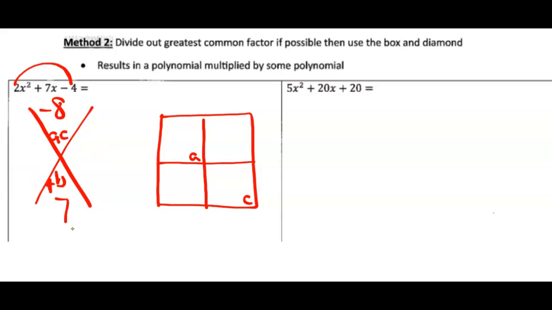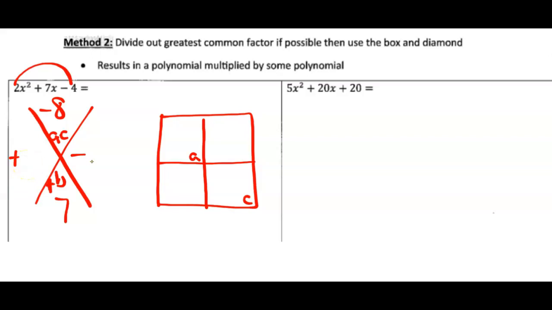So if I multiply to a negative and I add to a positive, my numbers are going to be what? They're going to be different. If I add to a positive, whatever my bigger factor is needs to be the positive number.